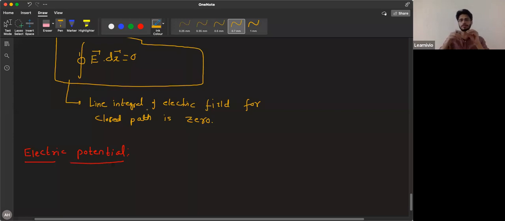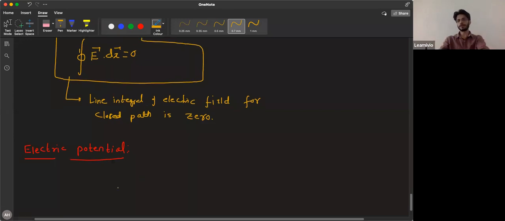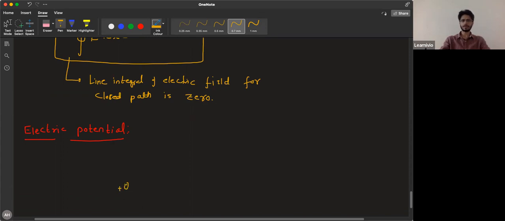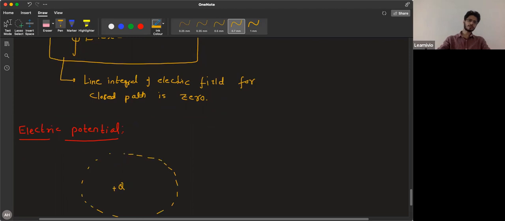So if you have a charge, there is a region around that charge where the electrical properties of that charge exist. Means if in this region you bring another charge, then this charge can attract or repel it. So the region in which electrical properties of a charge exist is known as electric field.